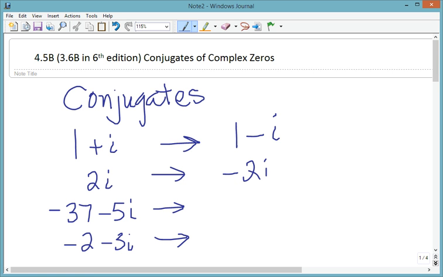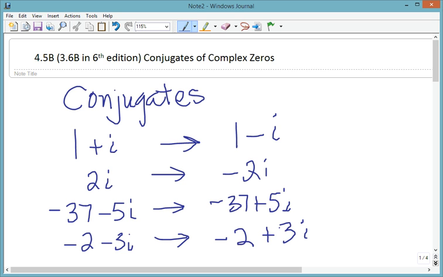The conjugate of negative 37 minus 5i: the negative 37 stays the same, but now it'll be plus 5i. And negative 2 minus 3i: the negative 2 stays the same, and it would be plus 3i. Okay, so that's what we mean by a conjugate.